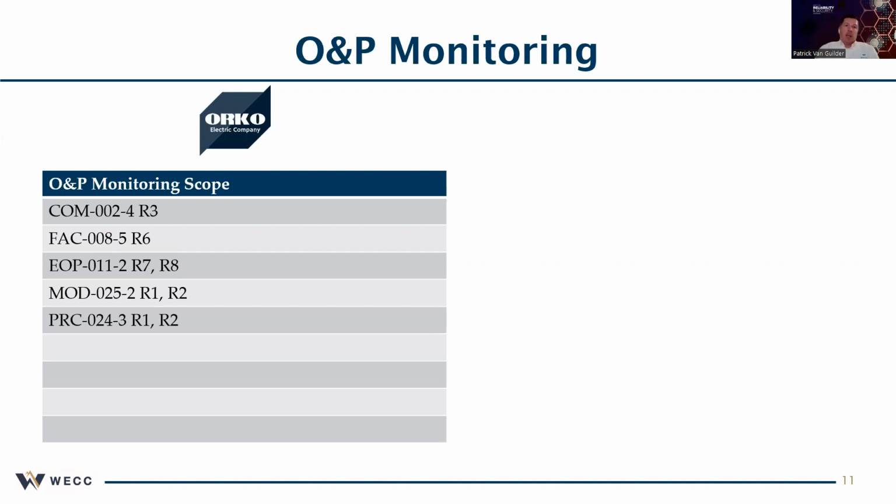Their three-part communication, their operators are trained to respond to operating instructions from their BAs, TOPs, and RCs. And we want to make sure that maybe their facilities are up to date. So these first two could be focused just on their changes to the BES. This could be a way to focus how we monitor them. It could just be a self-certification. It doesn't necessarily mean that these are all going to be an audit scope.